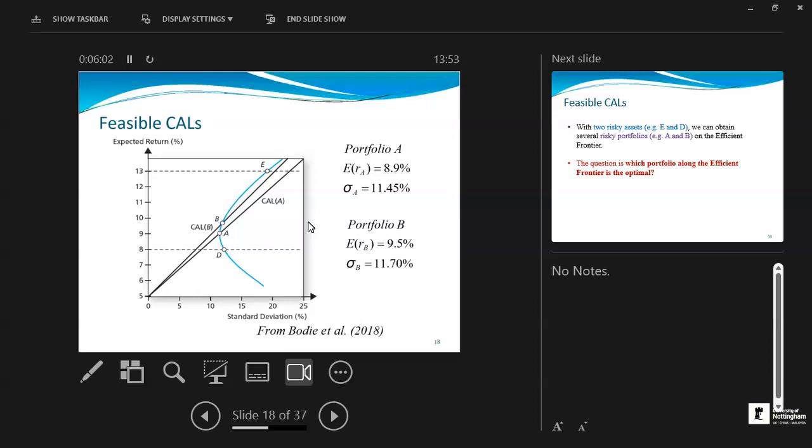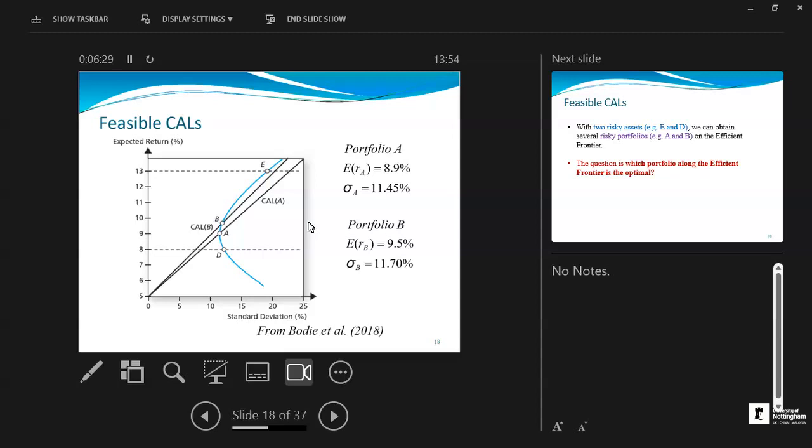But can you increase the Sharpe ratio further? Can you increase the slope further? I want you to think about this. You can shift these black lines to the left until one becomes tangent to this blue line.